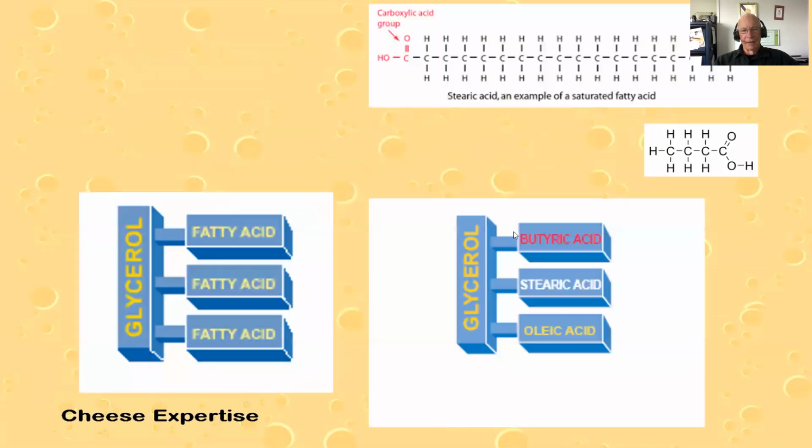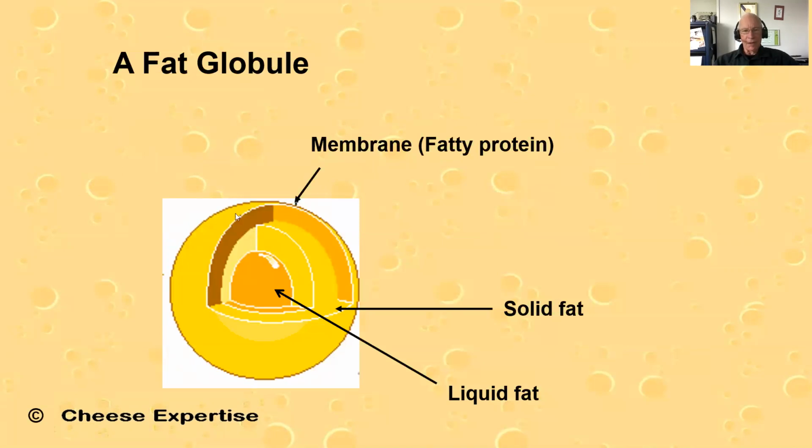The structure of fat is a little bit more complicated. If we look at a basic fat globule, which is the round little ball that exists in milk, it's protected by what's known as a fat globule membrane. So it's protected from lipase, and it's fairly difficult for the lipase to attack whilst this membrane is intact.